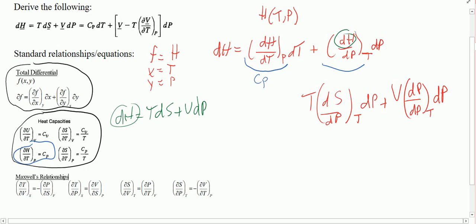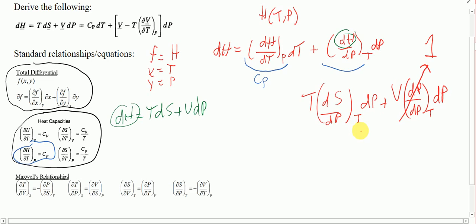And again, we still have our left-hand term, but this is all equated to (dH/dP) at constant T times dP. What we know right here is that dP over dP will be equal to 1. We also know that (dS/dP) at constant T is one of the Maxwell's relationships.